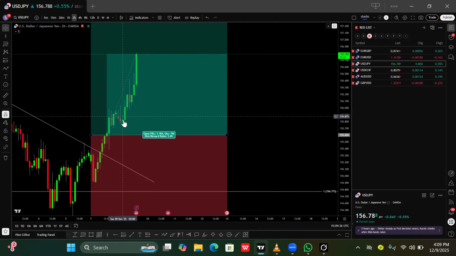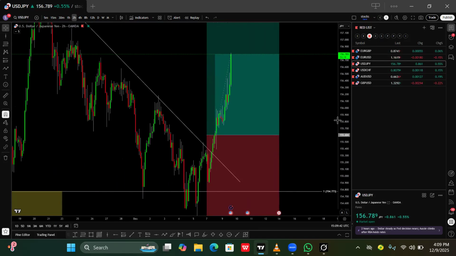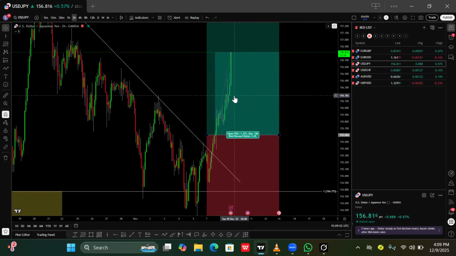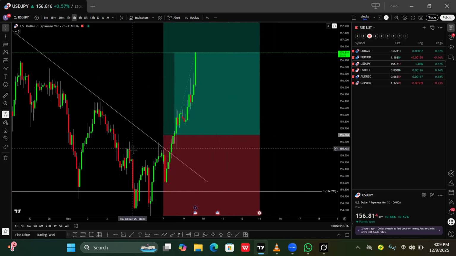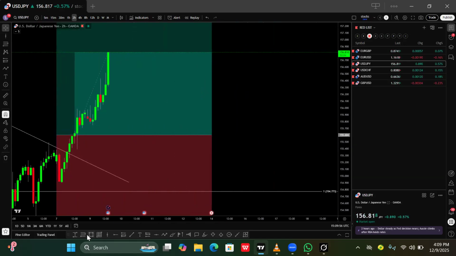If we're able to get a pullback into these levels, then I would look to add another position or just let it run. This level would be a nice level to add another position if we get a pullback inside of this level. Oh, looks like we have a very nice demand zone here. Let me quickly highlight.